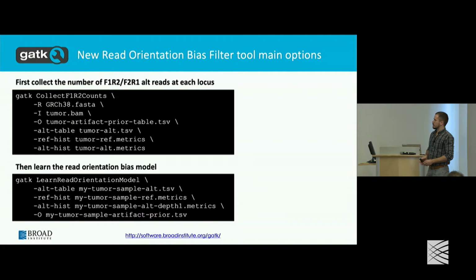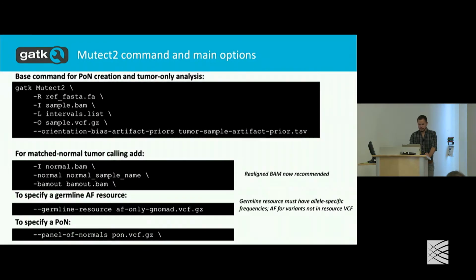We call this CollectF1R2Counts tool that will collect the number of counts in the forward and backward reads, and then we put the output of that into the read orientation model tool, and that will be passed to Mutect.